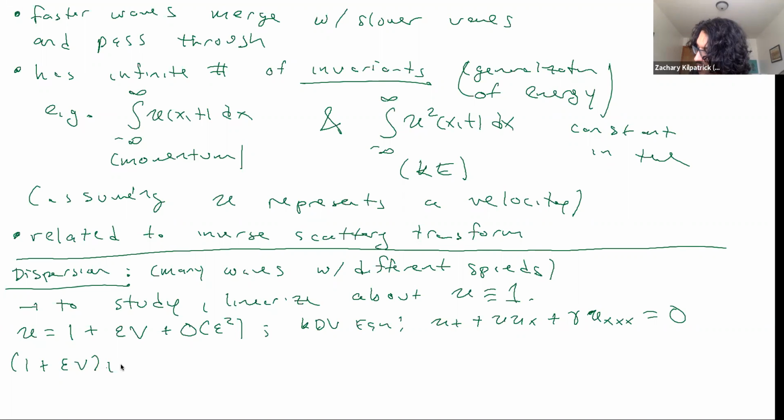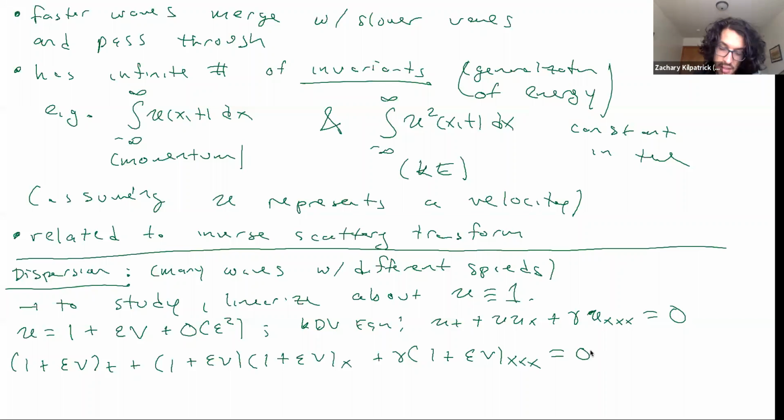So if I make this approximation and I drop the order epsilon squared terms, then I'm just going to get 1 plus epsilon v differentiated with respect to t, plus 1 plus epsilon v times 1 plus epsilon v differentiated with respect to x, plus gamma 1 plus epsilon v differentiated thrice with respect to x.